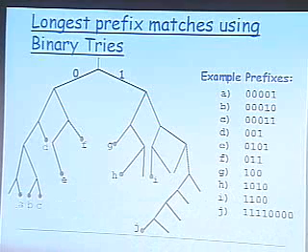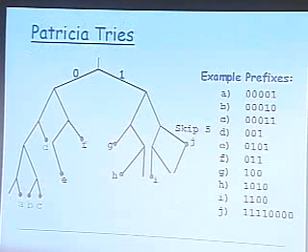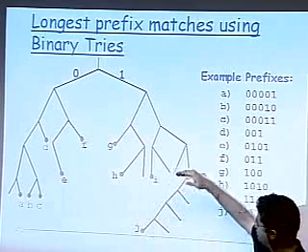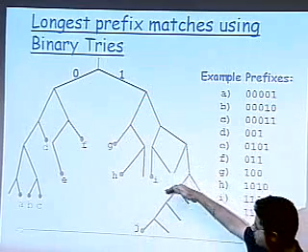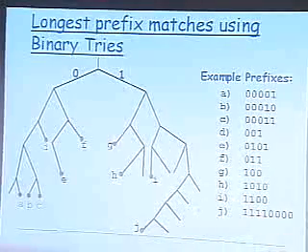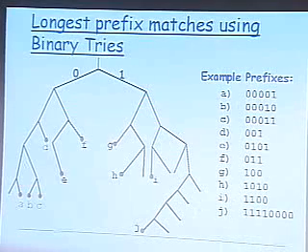A variation of this binary tree is the Patricia tree. A Patricia tree lets you collapse certain nodes. So the node J in the binary tree appeared way down here, so you needed to make decisions here, here, here, here. You needed 4 extra decisions which are not really needed given the structure of this prefix table.